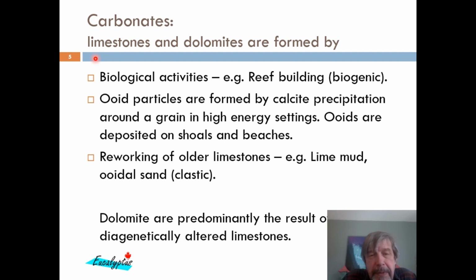And then dolomite is basically a diagenetic product where in calcite, CaCO3, one of the calcium ions is replaced by magnesium. Diagenetically altered dolomites.